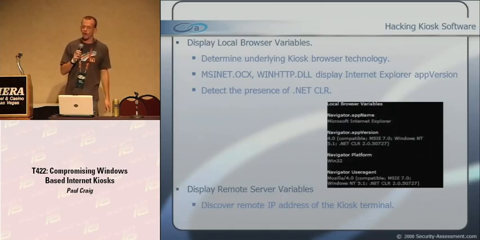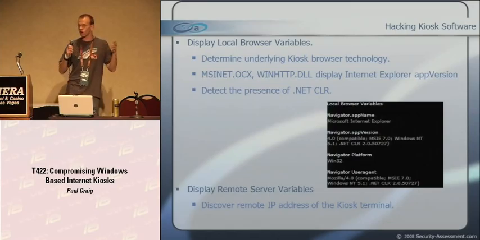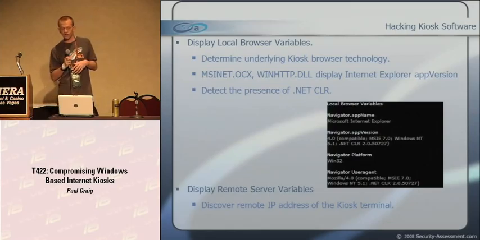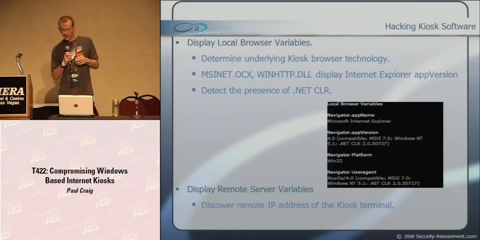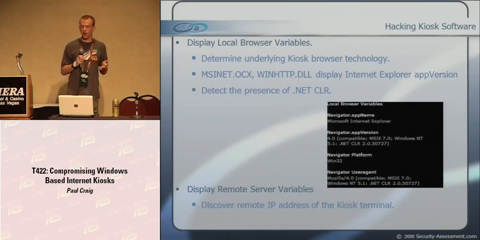iCat can also display local browser variables. So just using JavaScript, I can pull out all the navigator variables, like app version and app name, and basically determine what software the kiosk is written on. MSINet and WinHTTP.dll actually display Internet Explorer app versions.